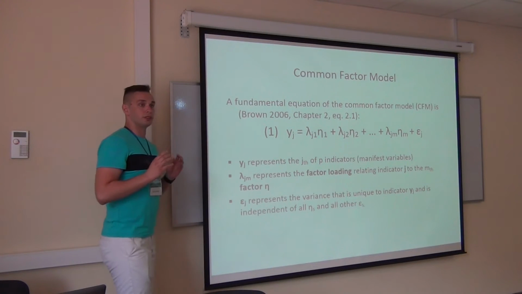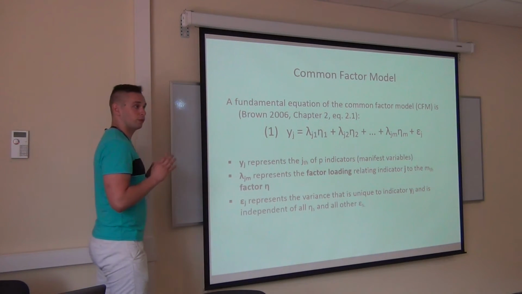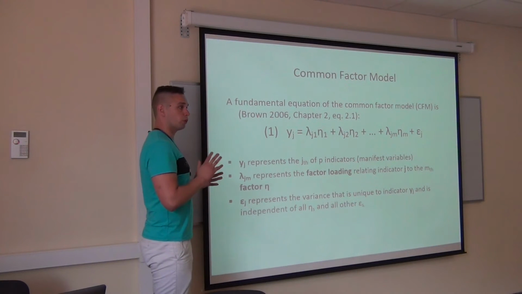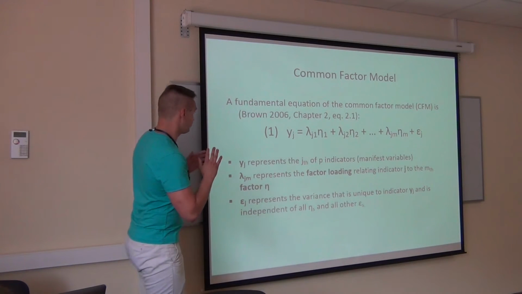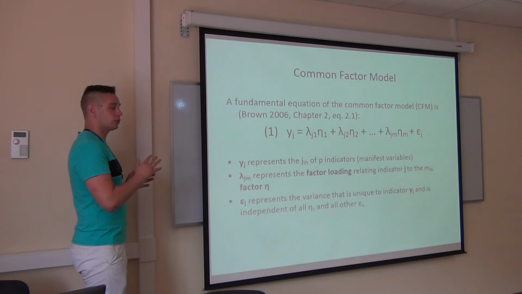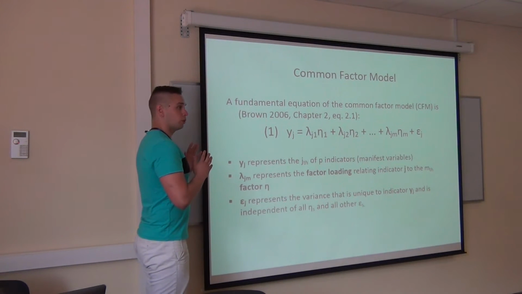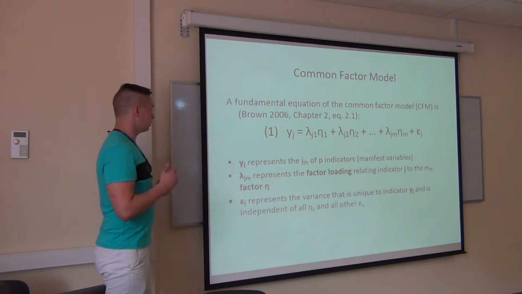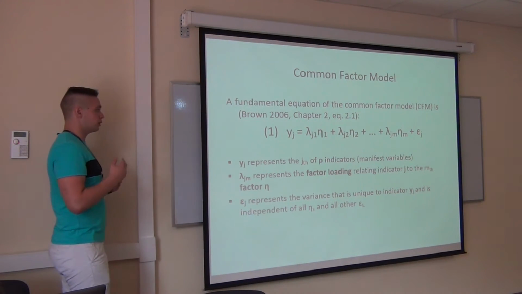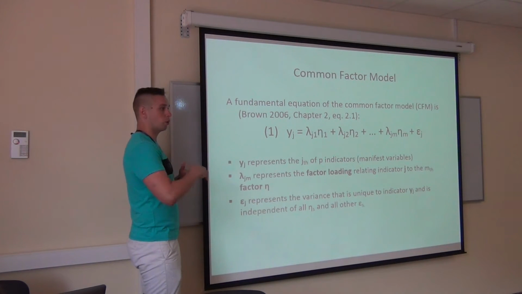Here you can see the so-called general or common factor model, which is quite similar to the basic regression model. And what components are included in this equation? In the left part, you can see a kind of dependent variable, yg. Yg represents the value of the g-th indicator among p.